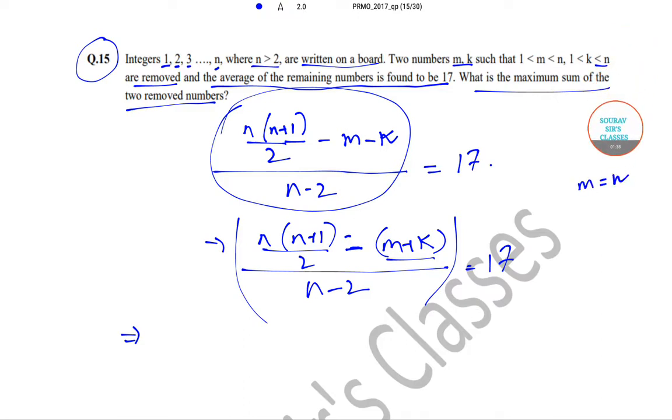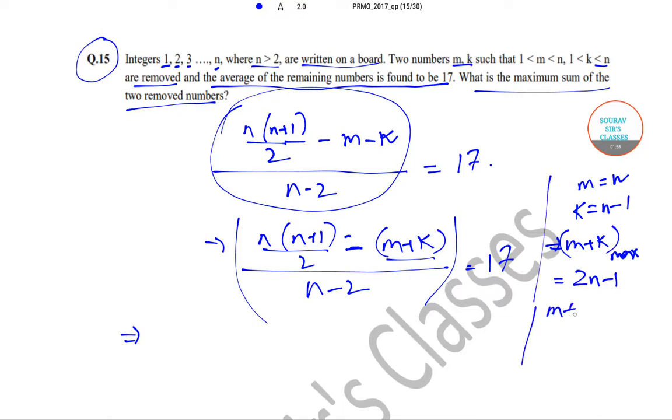Since m and k cannot be equal, since they are distinct integers, k will be equal to n minus 1. So in that case m plus k maximum will be given by twice n minus 1. So this is one case.